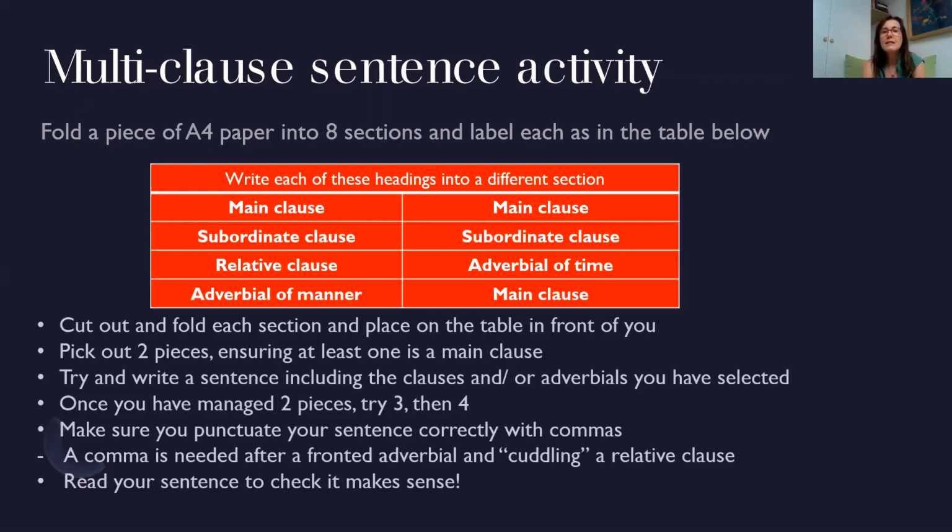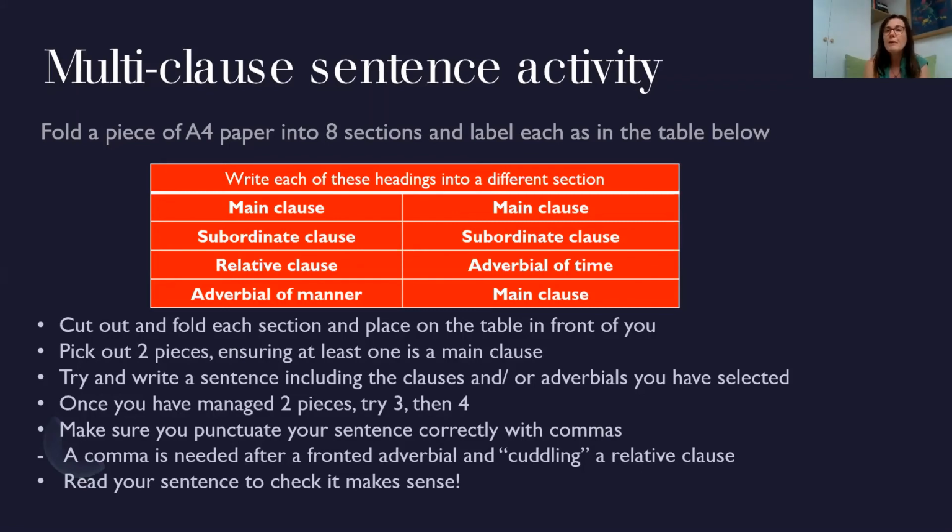Try and write a sentence including the clauses or the adverbials you've selected with your pieces of paper. Try first of all with two pieces, remembering one of them has to be a main clause and then one other. Once you've managed to create a sentence that represents those two, then try with three and then maybe with four pieces and see if you can keep adding those particular things into your sentences.